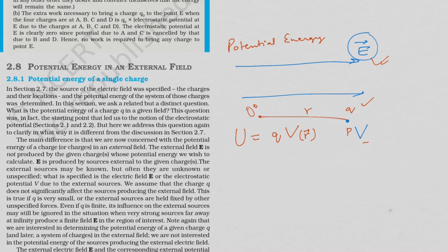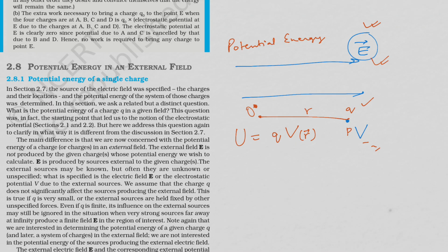So this is the origin, and from the origin the point P is R distance away in a particular direction, that is the R vector, and the work is done on the charge Q to bring it from infinity to this point P, when the electric field is E or the potential is V at that point.